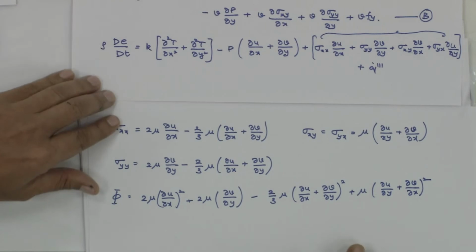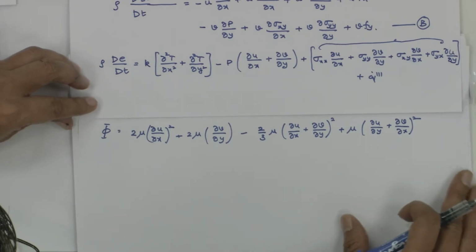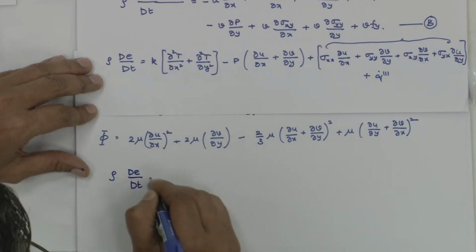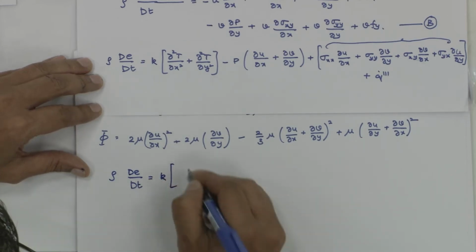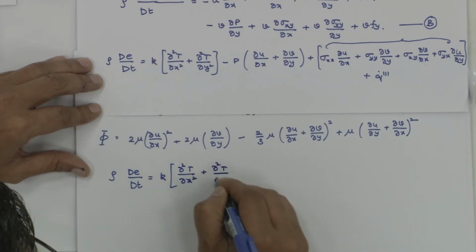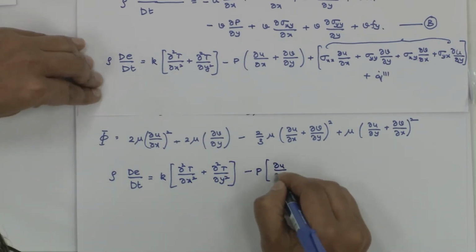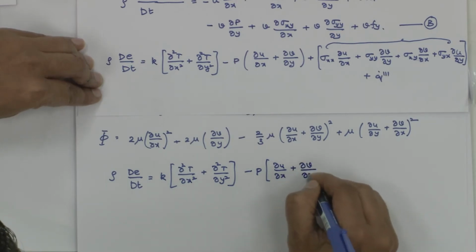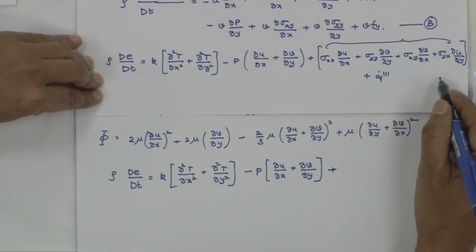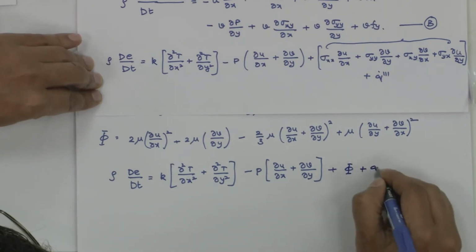So now the energy equation I can write as rho dE by dt equal to k (del squared T by del x squared plus del squared T by del y squared) minus p (del u by del x plus del v by del y) plus phi, the viscous dissipation term, plus q dot triple prime.